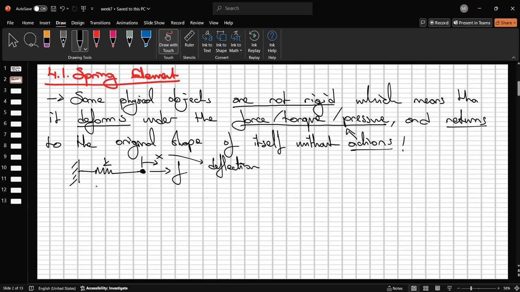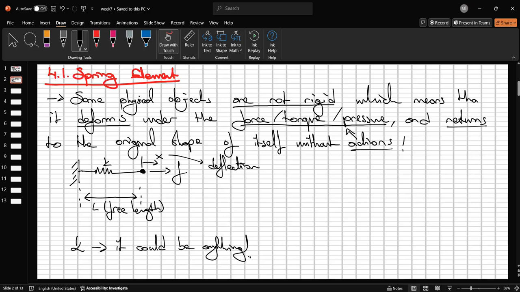Okay, and we may also have L here, the free length. In real life, just remember that we have a free length in the spring, right? And this K can come from anything.